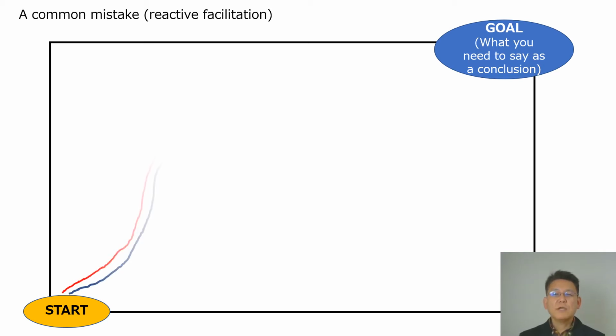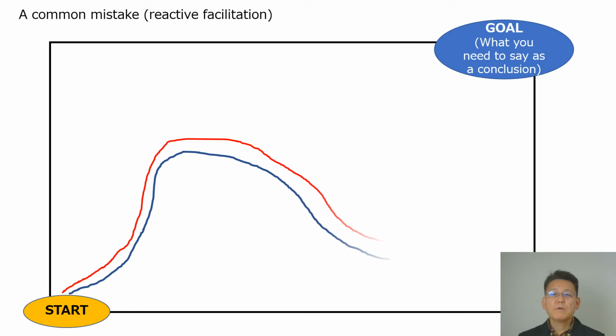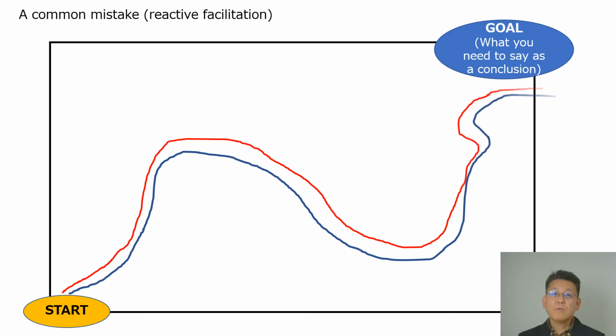As you can see, the facilitator in the red line is always reactively following the other members' opinions. It depends on the members' opinions and thoughts about where to go.